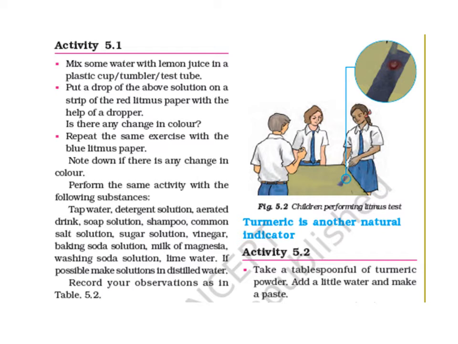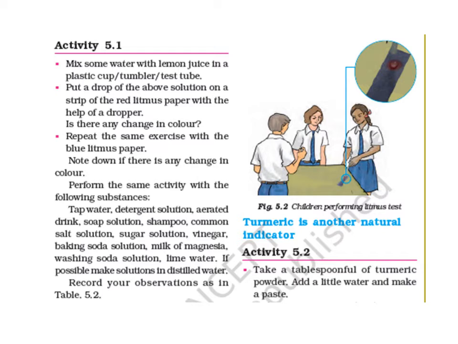From those two litmus strips, first we will test red litmus paper. First we will take red litmus paper. So put some drops of lemon juice on that red litmus paper. So what will you get as the result? You will not get any result. No color change of that strip you will see.